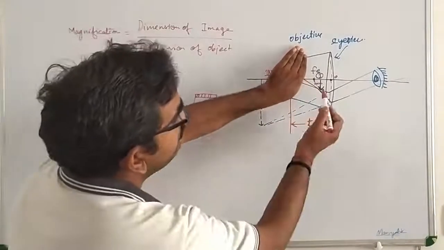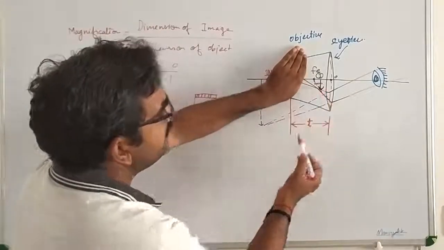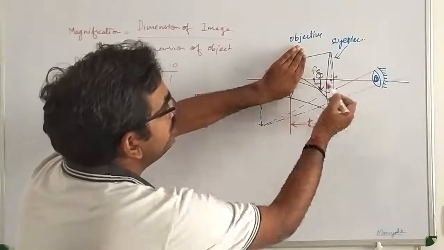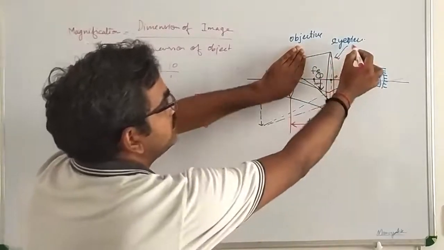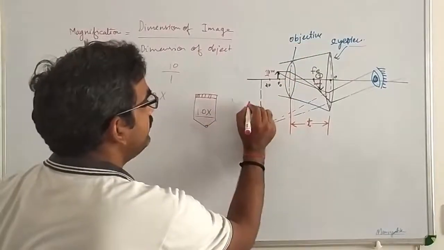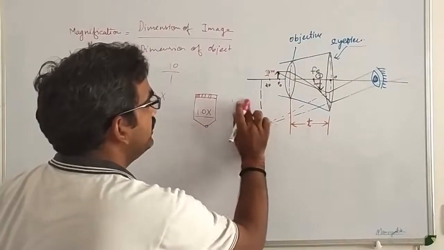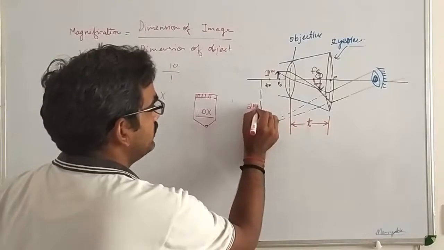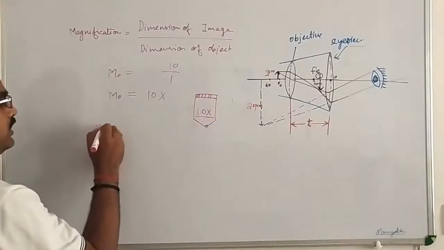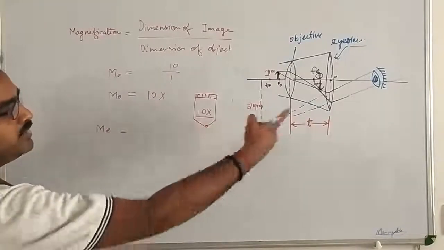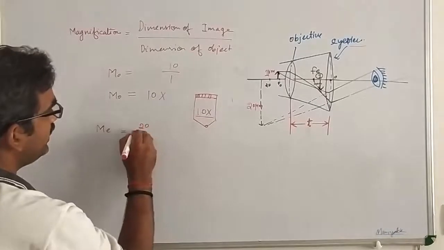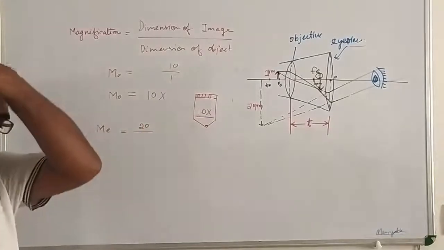We are saying that 10 micrometers is now our object, and the eyepiece is going to enlarge it further. Say for example we are getting 20 micrometers here. So what is the magnification imparted by the eyepiece? It is 20 by, what is the size of the object?